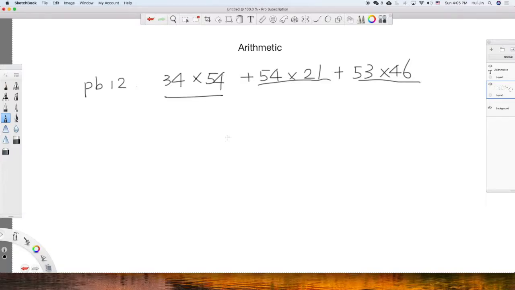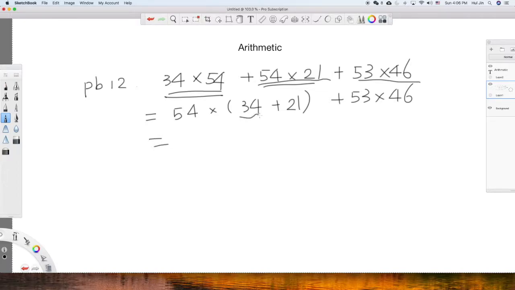What's going on here? Well, when you see the common factor for the first two terms, let's just try to pull that factor out first. So it's 54 times (34 plus 21) plus 53 times 46. Oh, now I see, because 34 plus 21 is 55.